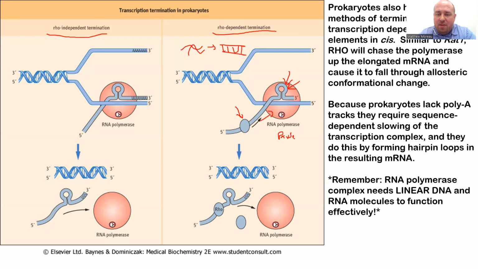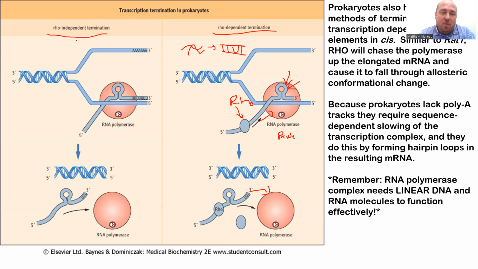And that pause, or the slowdown of RNA polymerase, allows for rho to catch up. That's kind of the function of that rho-dependent terminator. It causes RNA polymerase to slow down, and when it slows down, RNA polymerase is engaged by rho, and rho causes a conformational change to RNA polymerase, causing it to vacate off of the DNA and therefore terminating transcription.